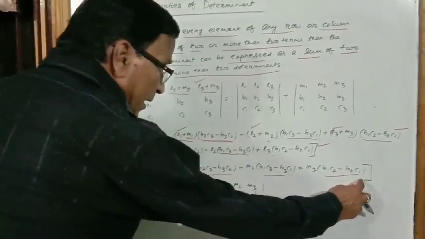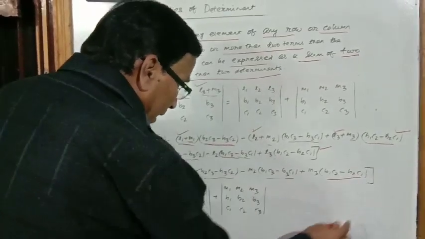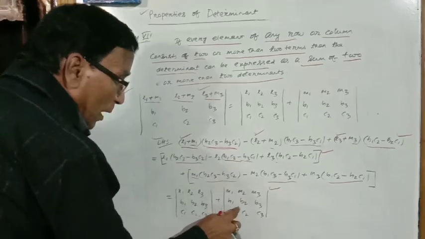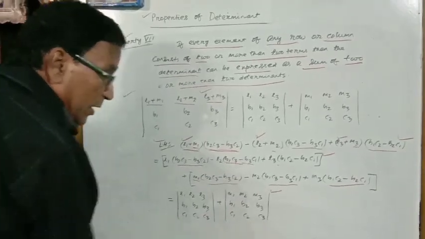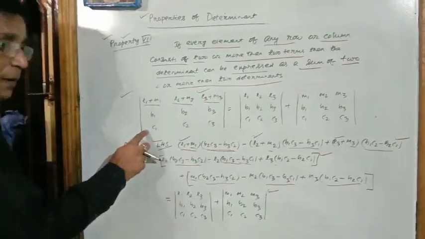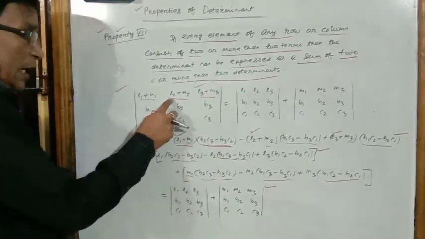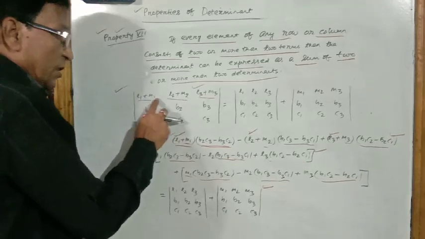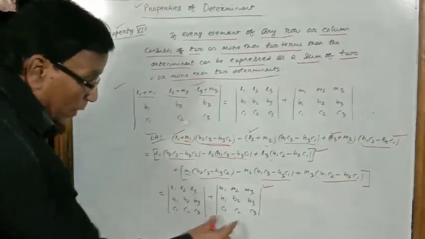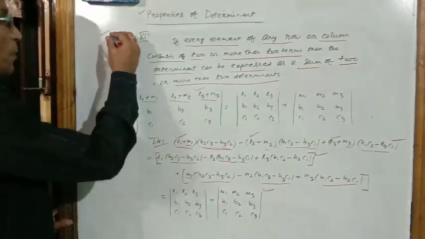Similarly, the expression inside the second bracket represents the determinant M1, M2, M3, B1, B2, B3, C1, C2, C3. Here we have expressed this determinant, in which every element of the first row consists of 2 terms, as a sum of 2 determinants. So this is property 7.